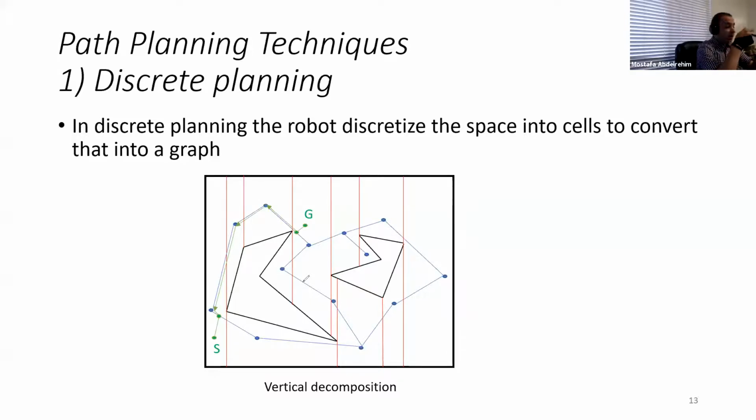Now, based on this map, if the starting position of the robot was here, then we can connect this starting point to the nearest edge in the graph. And if the goal, for example, was here, we can connect this to the nearest edge on the graph, and then we can construct a path between them.